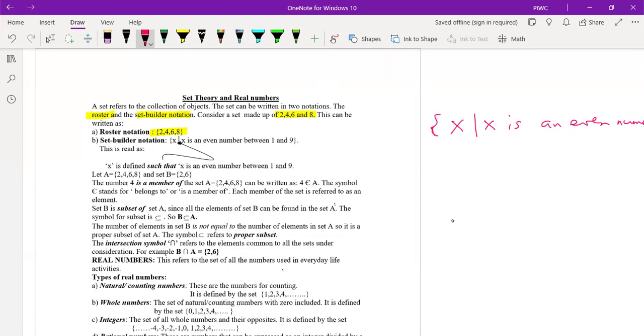You say x such that, or given that, x is an even number between 1 and 9, right? So that's how you read what we have here.